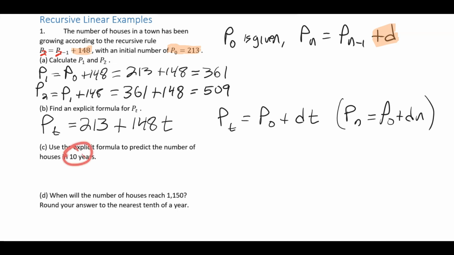So for part C, I don't want to continue this process until I finally get to P sub 10, because that's going to take a while. Rather, I have the explicit formula. I can just plug in 10 into that and work it out quickly. So that's what we would do for part C. P sub 10 equals 213 plus 148 times 10.